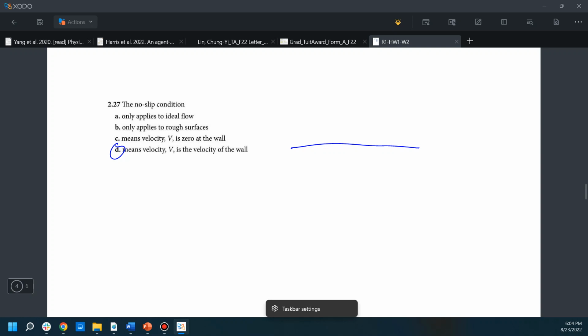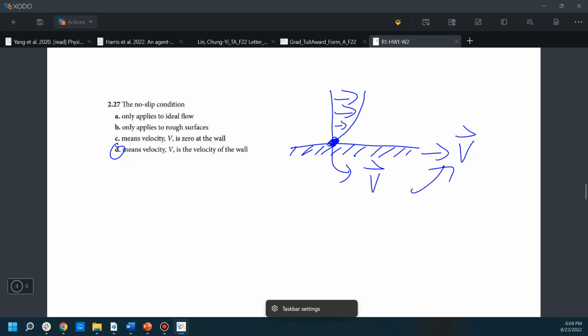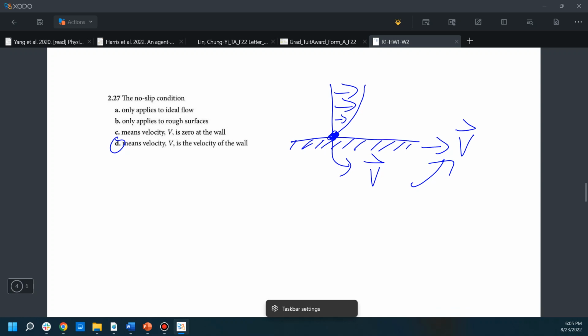Here, it basically means this is the wall at the velocity v, and the point here should have the same velocity as the wall. Okay, so that is the definition for the non-slip condition. And now we are good to move on to the next problem.